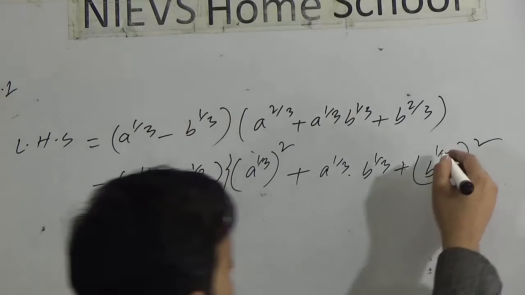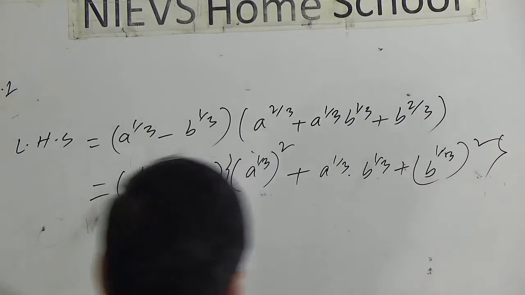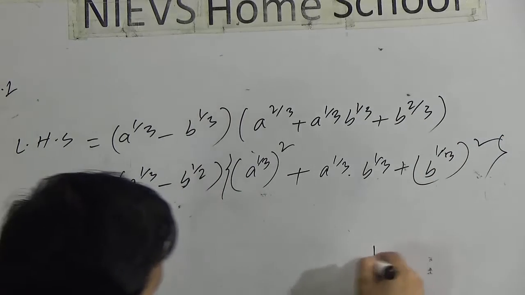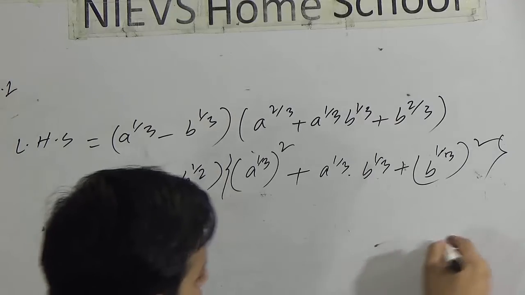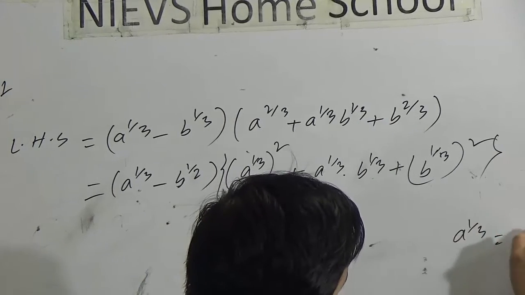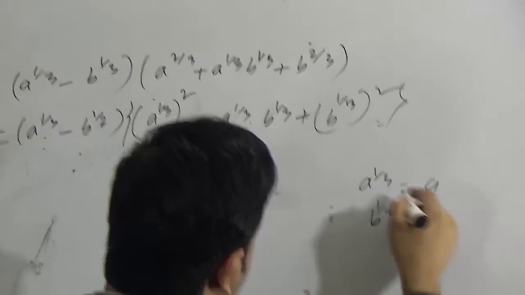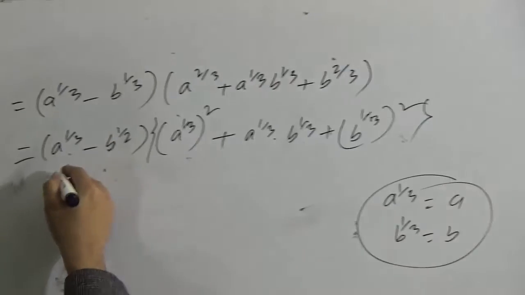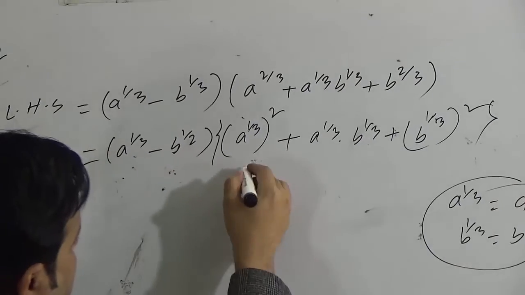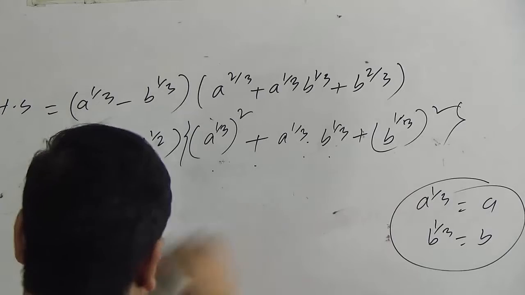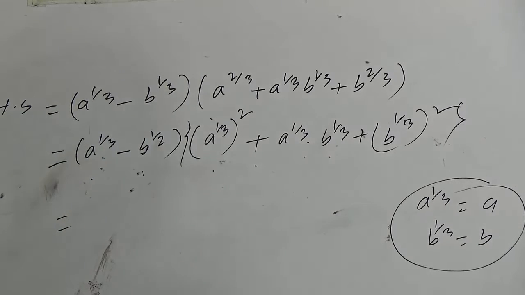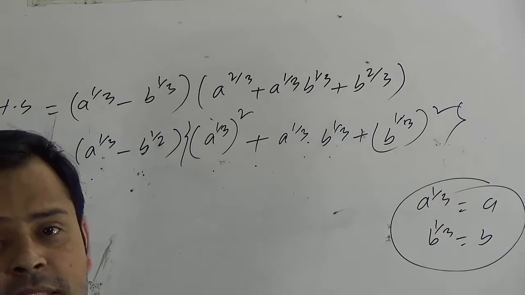So now if you consider a to the power 1 by 3 as a and b to the power 1 by 3 as b, you will get a minus b into a square plus ab plus b square. So this means a cube minus b cube.